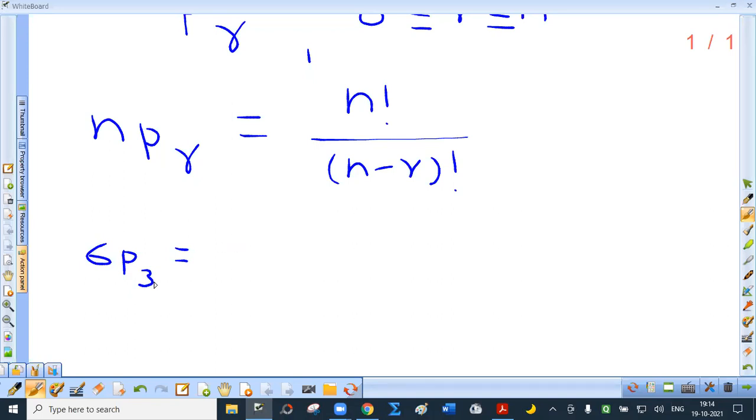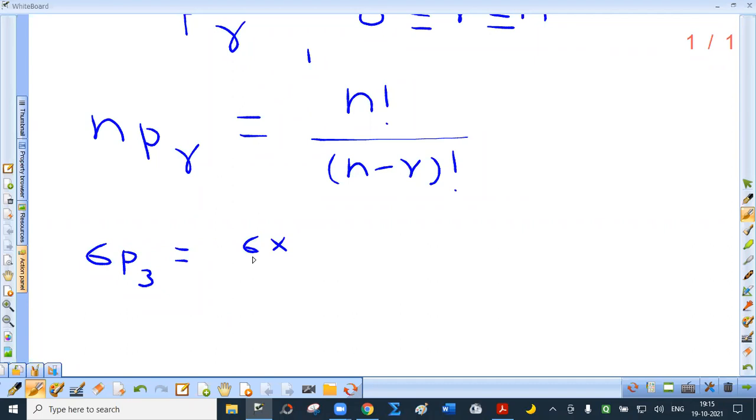So 6 places. But we have to consider only 3 at a time. Now out of these 3, first can be arranged in how many ways? 6 ways. Why? Because 6 places are available. So the first thing which we are going to arrange has a wide range of, rather 6 choices are there.